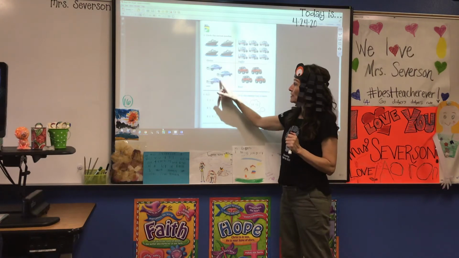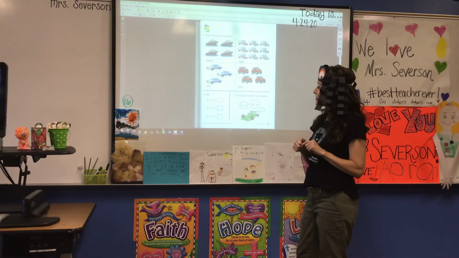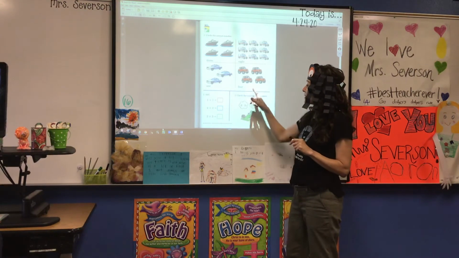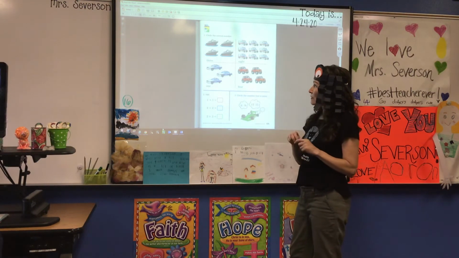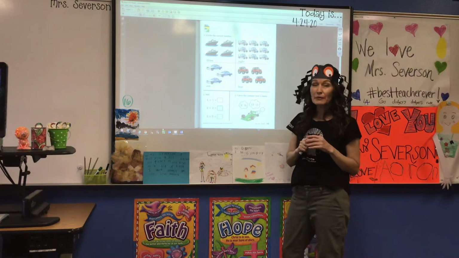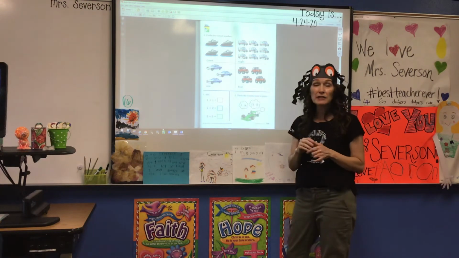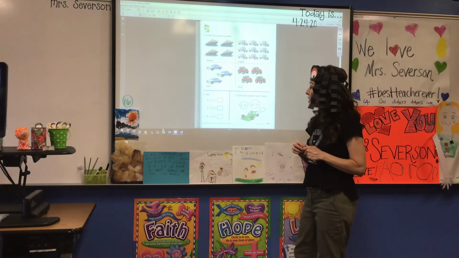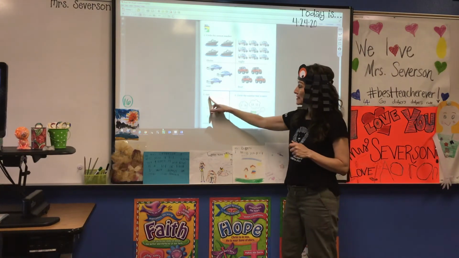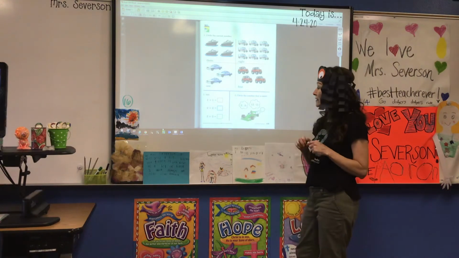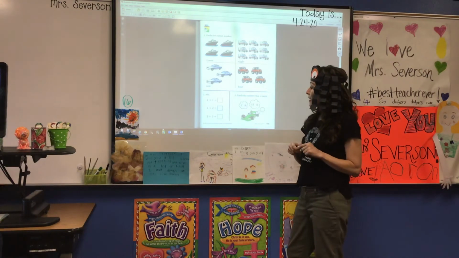Read the number word and circle that many police cars. Remember, you can push pause if I'm going a little bit too fast. And you want to count carefully because my little mathematicians go too fast sometimes. All right, on number 1, it says to add. We just practiced doing that. So go ahead and do that.